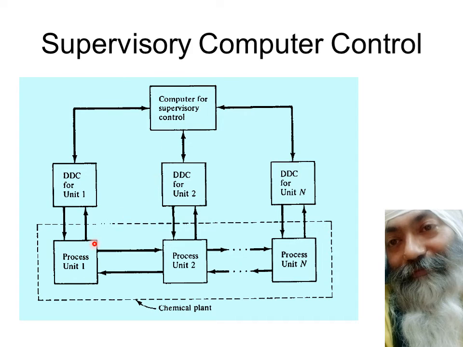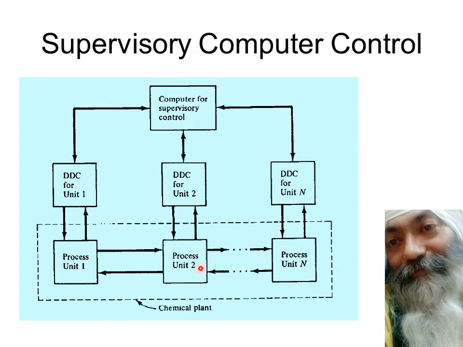So these are the smaller processes. This is the first process, a small process, second process, third process. All these processes are also interlinked because you have one chemical plant which can have a large number of smaller units producing different things, consuming different things.